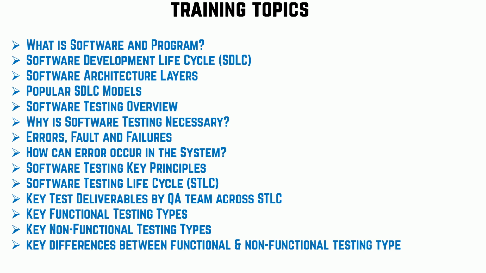Then we'll discuss error, fault, and failure, how an error can occur in the system, and what the key software testing principles are. Then we'll learn about the software testing lifecycle or STLC, and then we'll discuss the key test deliverables by the QA team across STLC, which need to be shared with the respective stakeholders. Then we'll learn about the key important functional and non-functional testing types, along with the differences between functional and non-functional testing types.